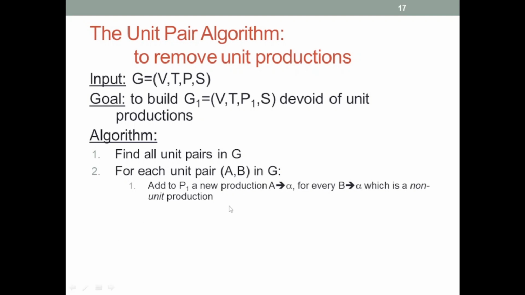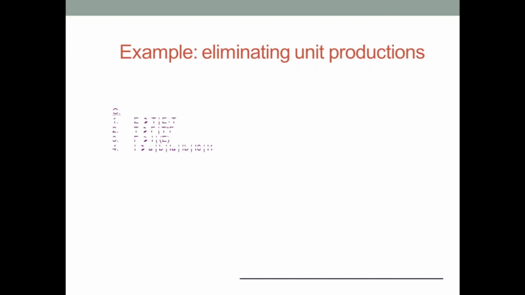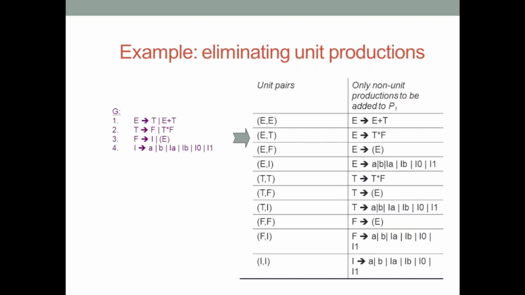For example, there is a unit pair capital A, capital B in G. So add to P1 a new production, that is A derives to alpha for every B derives to alpha, which is a non-unit production.